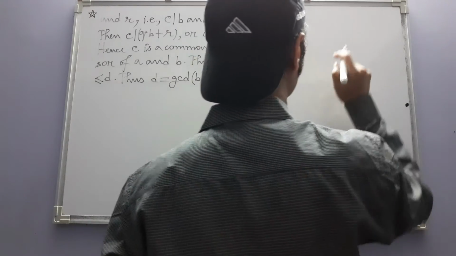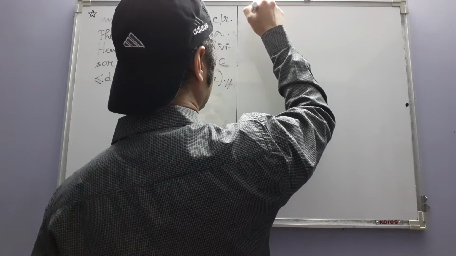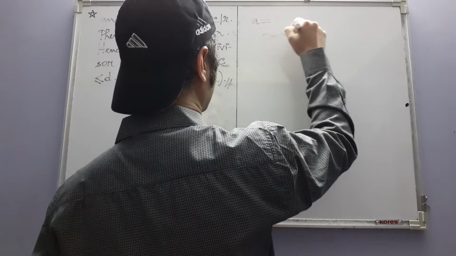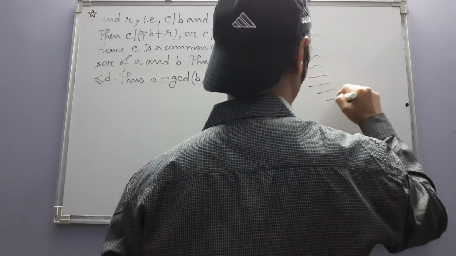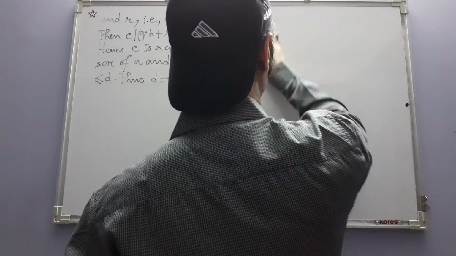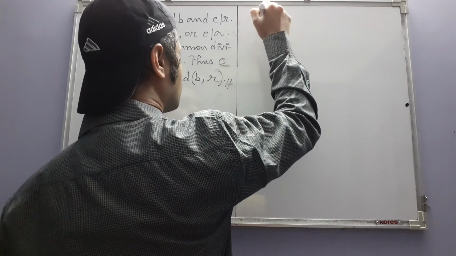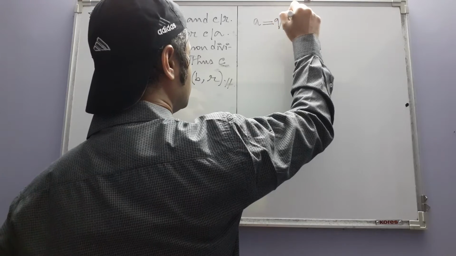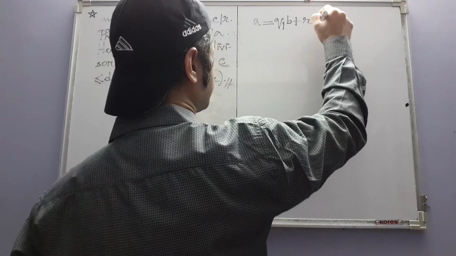So the equations were this. A has been divided by B to produce the remainder R1.